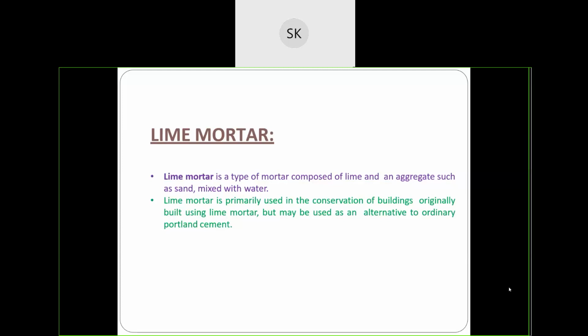It is primarily used in construction of buildings, originally built using lime mortar, but may be used as an alternative to ordinary Portland cement. Earlier, when there was no cement in the industry, lime was used for plastering and other activities. Nowadays, cement mortar is used instead.